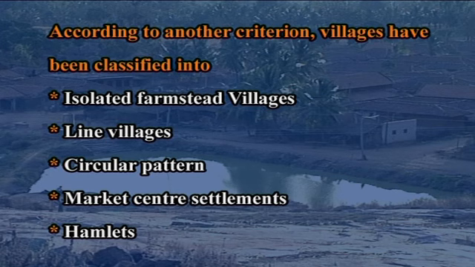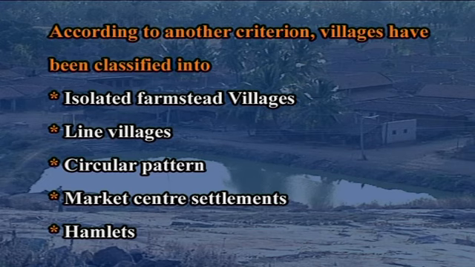Semi-permanent agricultural villages are characterized by people living in a village only for a few months. So far as permanent agricultural villages are concerned, the people live for generations.